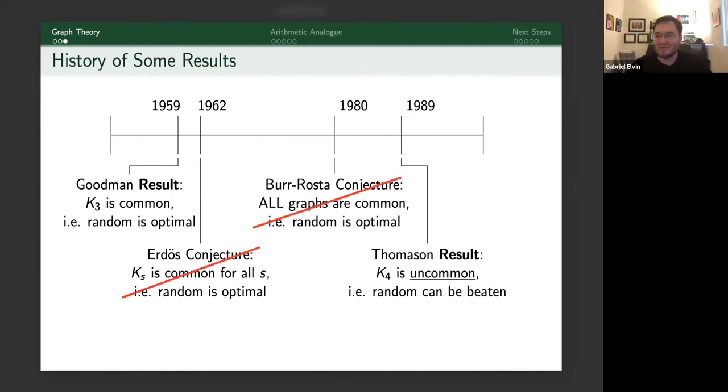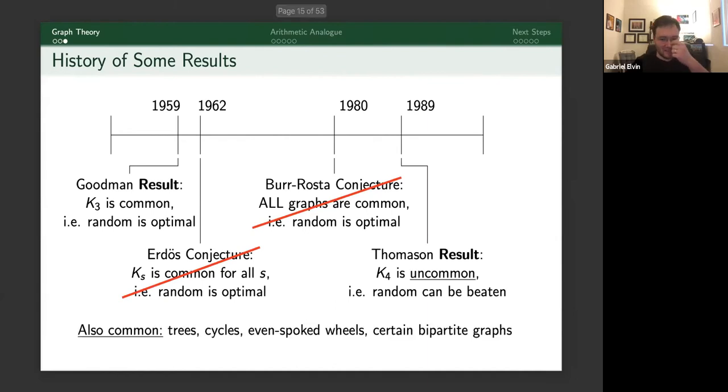That disproves those two conjectures and makes this question pretty interesting. Some other examples of common graphs are trees, cycles, and certain bipartite graphs, and also uncommon, this graph. This is not an exhaustive list. This is not a survey, but it gives you a sense that the terminology seems to fit pretty well. More graphs seem to be common than uncommon.